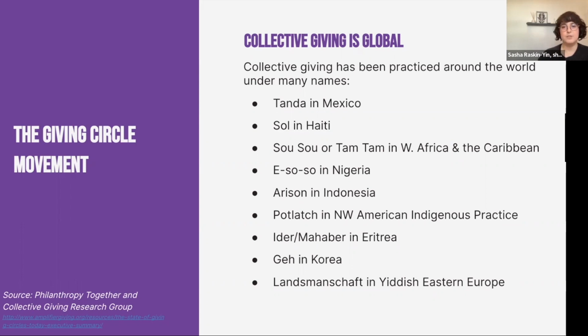Maimonides, one of the greatest Jewish scholars who lived in North Africa in the 12th century, wrote, "We have never seen or heard of a Jewish community that does not have a tzedakah fund," where a tzedakah fund is a charity or pooled donation fund to be used for the full community.